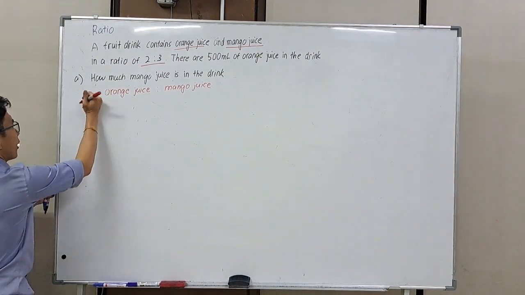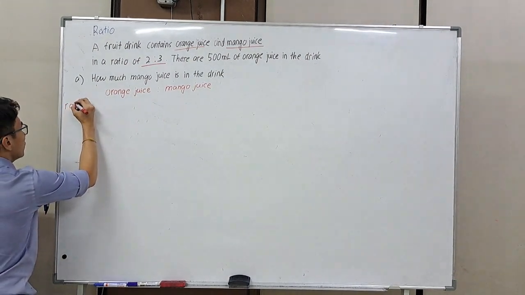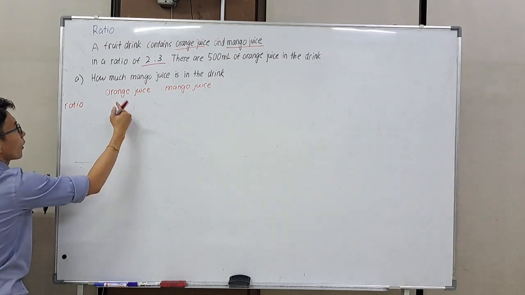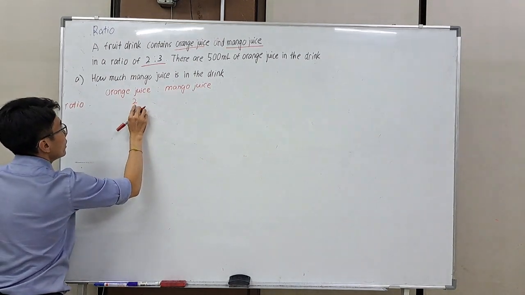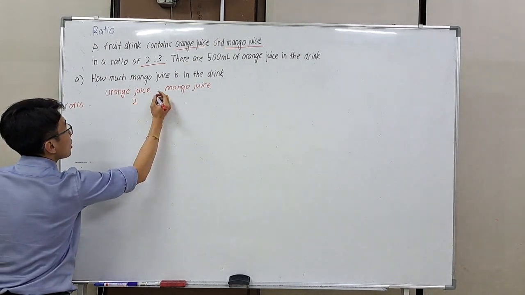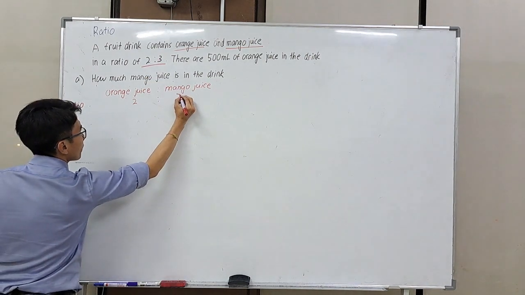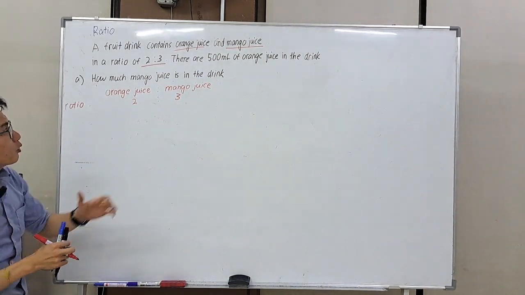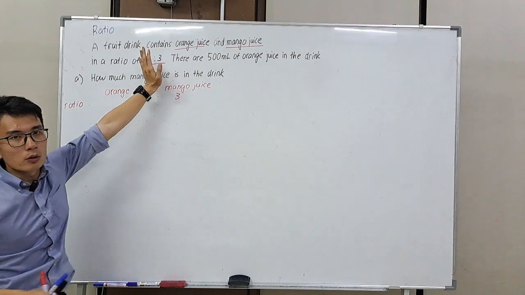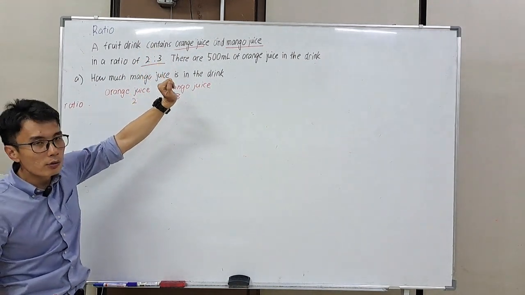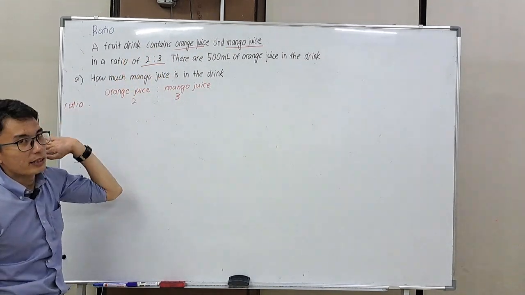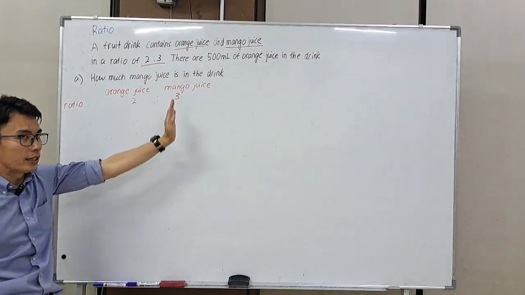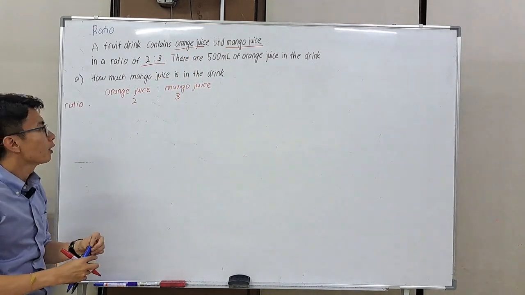So I'm going to have my ratio here. I'm going to write 2 over here, and then the ratio of my mango juice is going to be 3. Now it's important you follow the exact arrangement of how the question gave you, so you don't mess it up. So just follow exactly how it is.